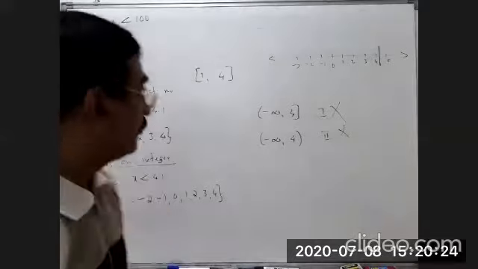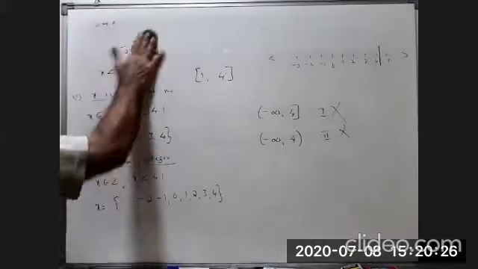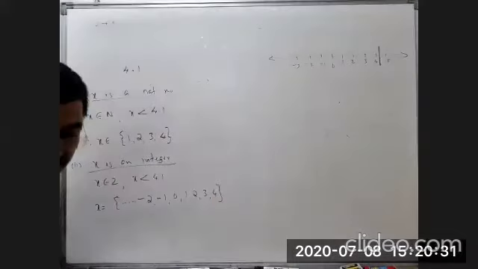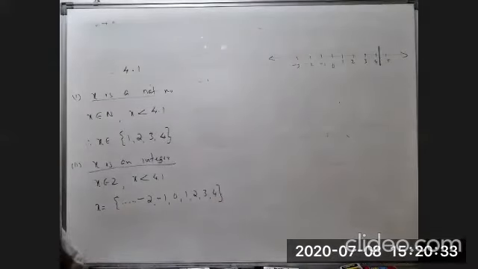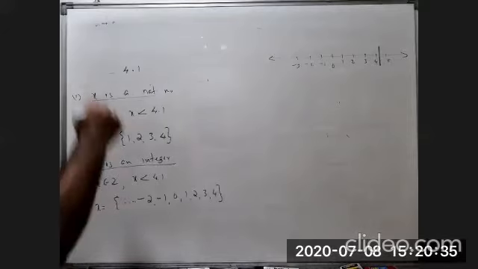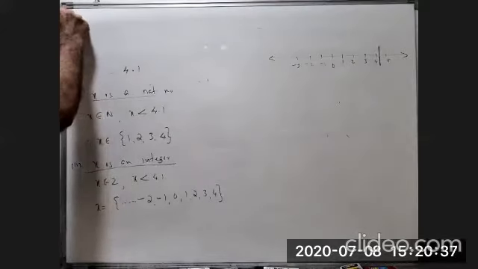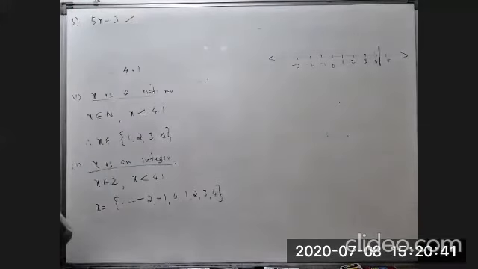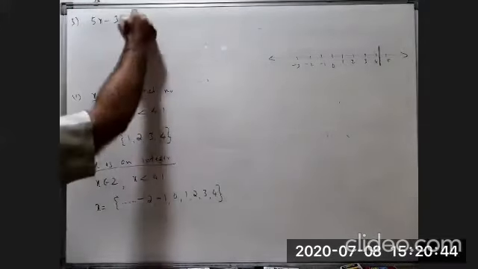Now, question number 3. Third one. Start doing the third one. 5x minus 3 less than 7.